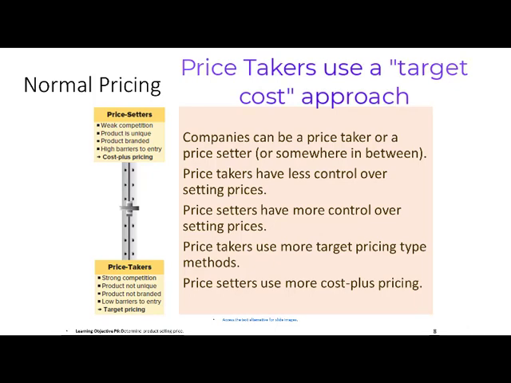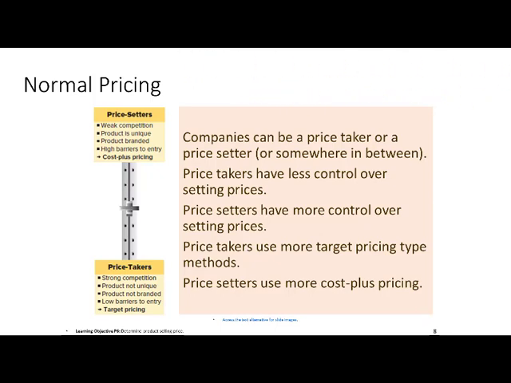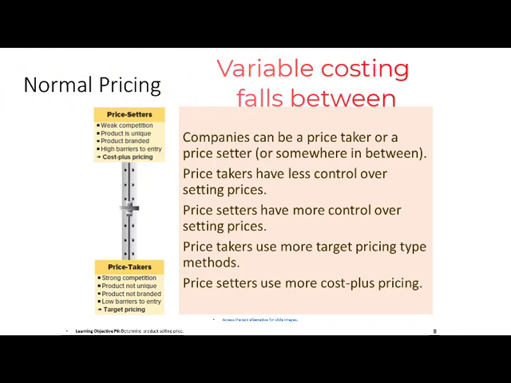This approach is where you work backwards from a given market price, take off your target profit, and wind up with a target cost, which you need to make sure your operations can efficiently fall below. Somewhere in between is the variable cost method. Your book does a very good job of describing these approaches. Now let's try an exercise to cement the concepts.